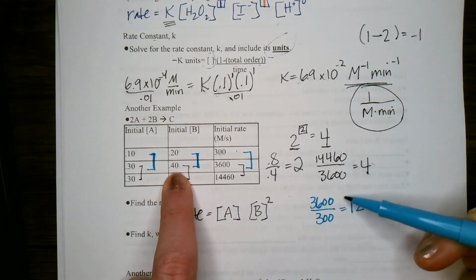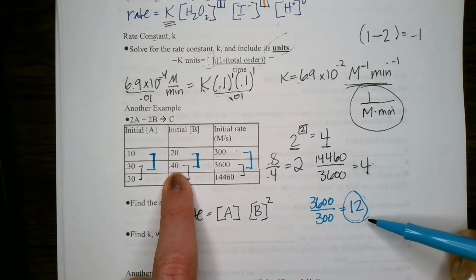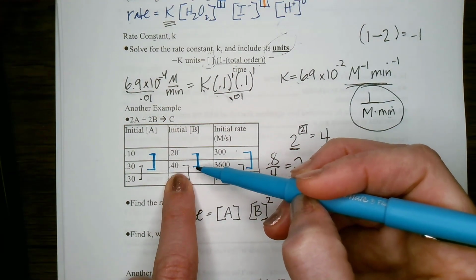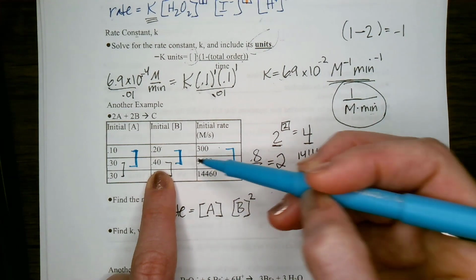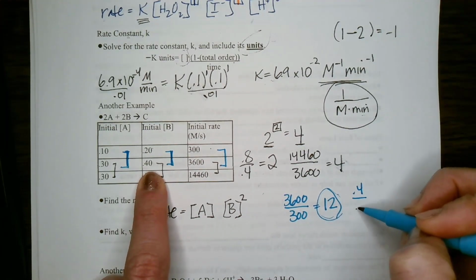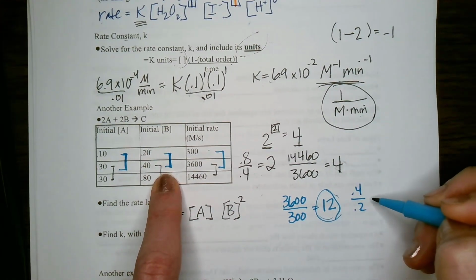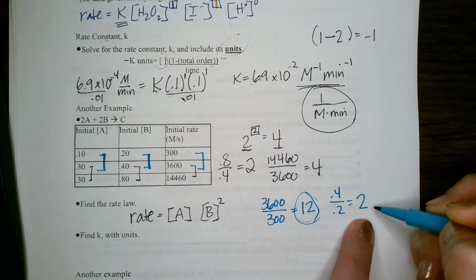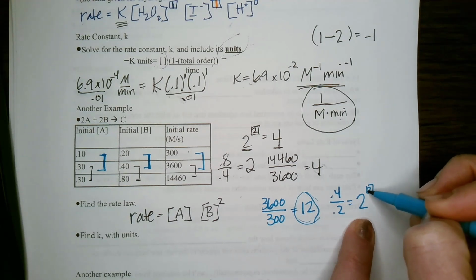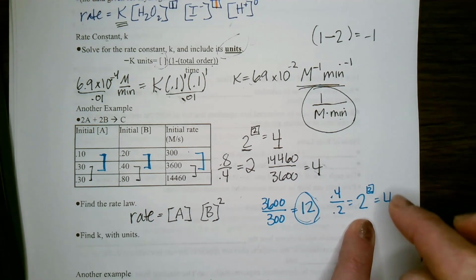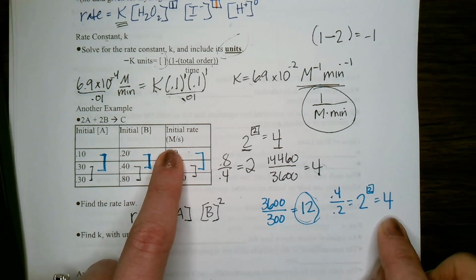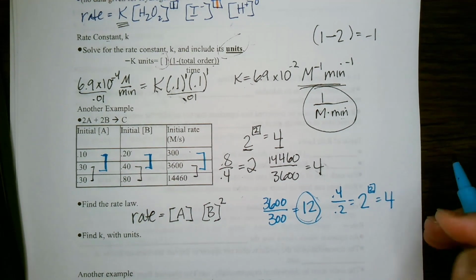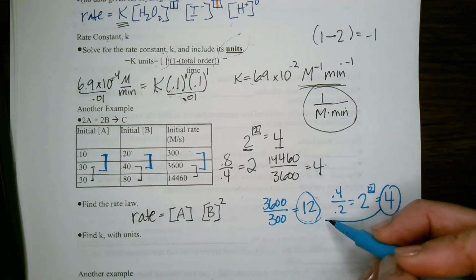So we just did 3,600 divided by 300 to get 12 times the rate. But if we look at B specifically, we want to factor this out. Its concentration went from 0.2 to 0.4. We know that is 2. Its concentration doubled, and we know that it is second order. So its reaction rate is 4.